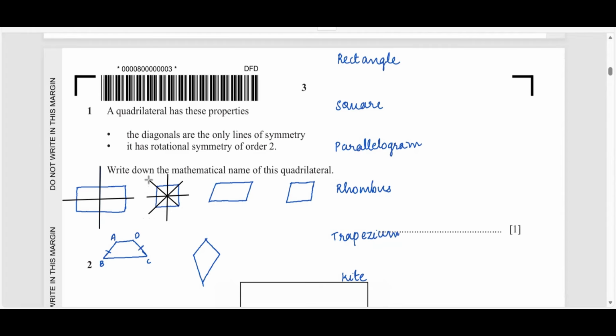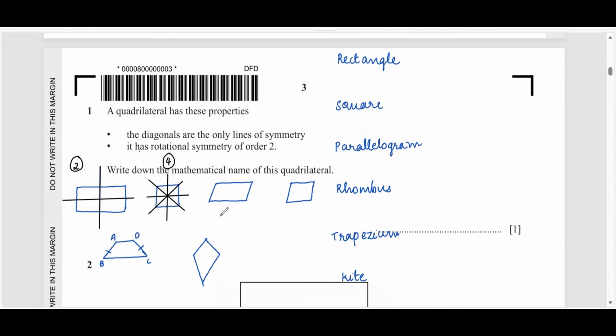The other diagonal will also divide the square into two equal parts. So for a square, there are four lines of symmetry. Here, we can just write, we have two lines of symmetry here. We have four lines of symmetry.